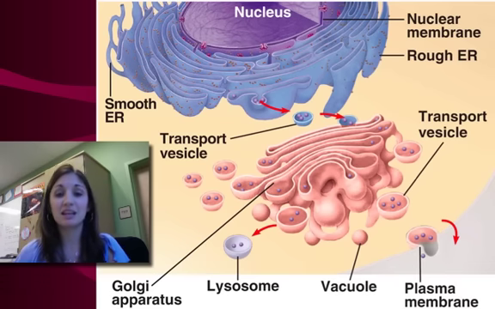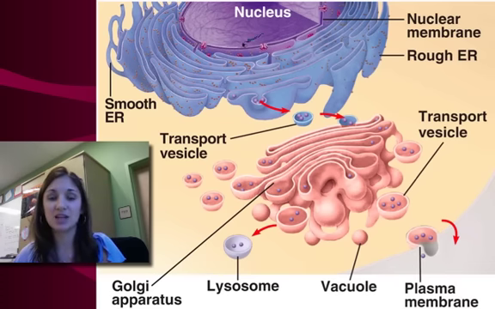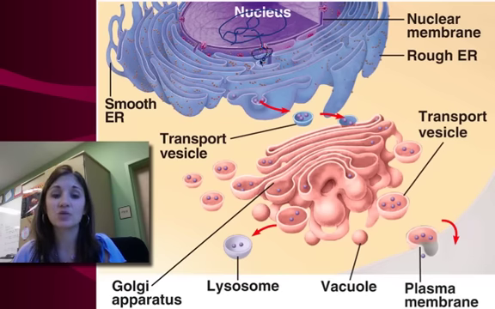If our protein begins here as a message, in the nucleus we have our DNA, our double helix. That message gets put onto RNA, which is single-stranded, comes out through the nuclear pores, and is going to attach to a ribosome on the rough ER. The ribosome reads the message, so far we're DNA to mRNA.